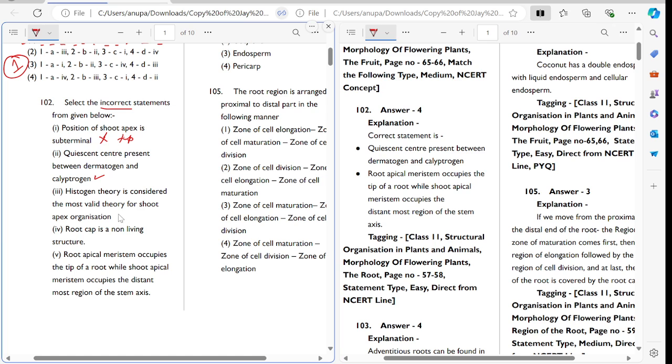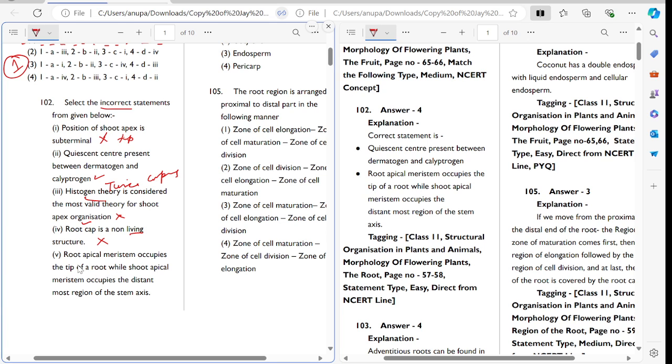This is a false statement because instead of histogen theory, tunica corpus theory is considered as the most accepted or valid theory for shoot apex organization. Fourth option is root cap is non-living structure. This is also incorrect because root cap is living structure.